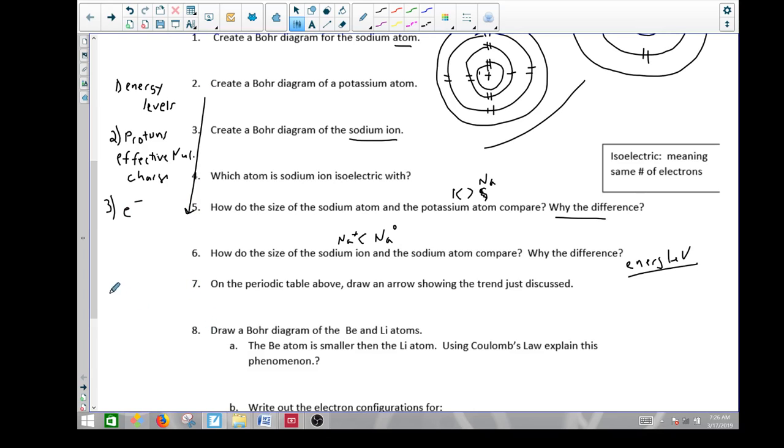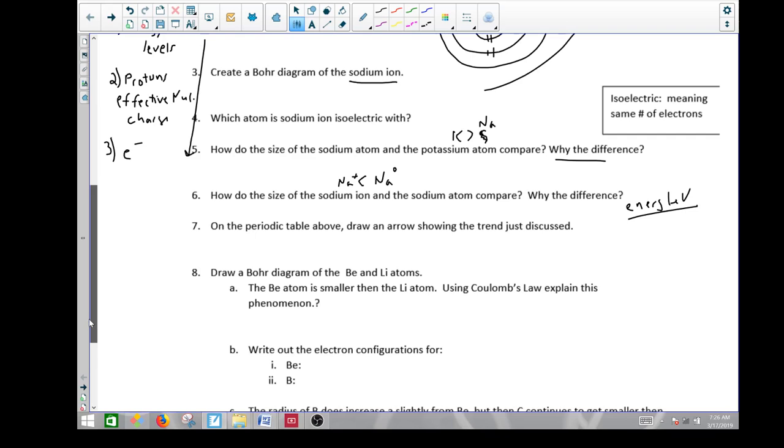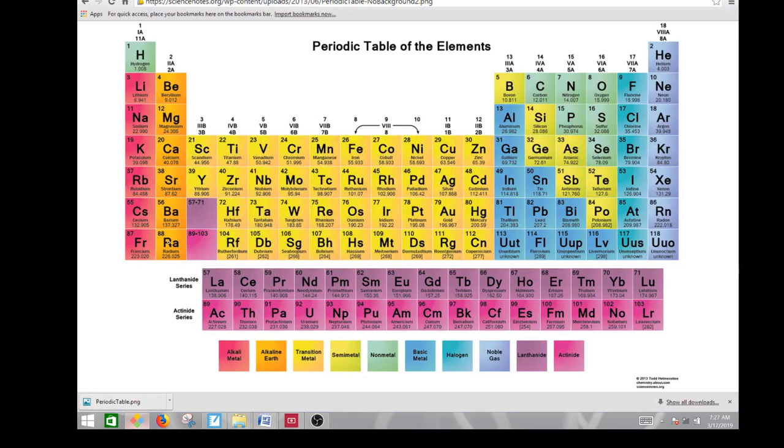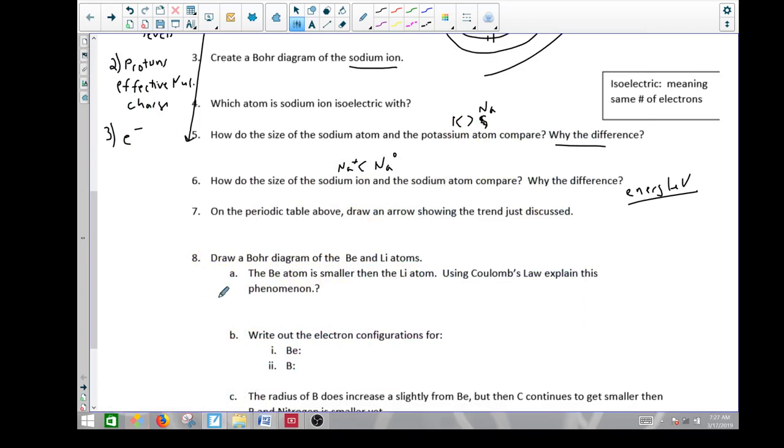So, it says draw a Bohr diagram of beryllium and lithium atoms. Okay, so let's see, we already find these guys. Beryllium is located right here, lithium's there. So 4 and 3. They have 2 energy levels. This guy's got 2 valence, this guy's got 1. I'll do it over here.